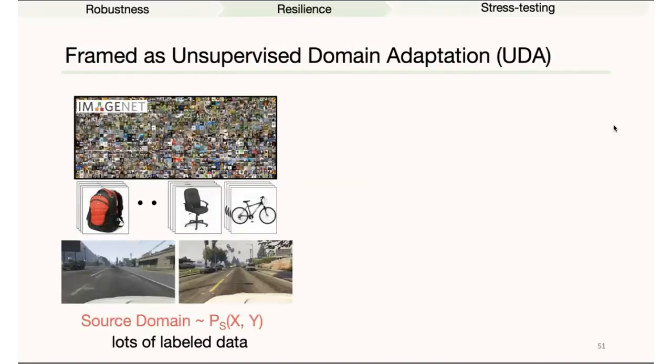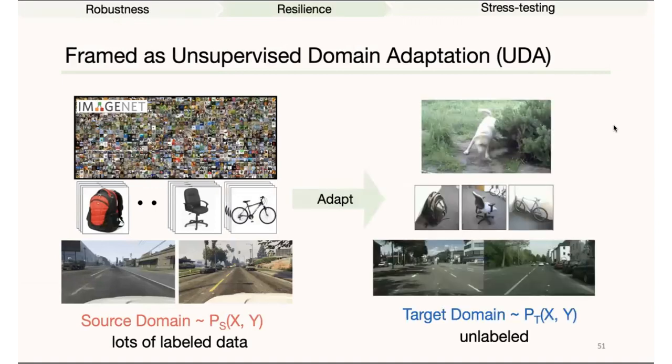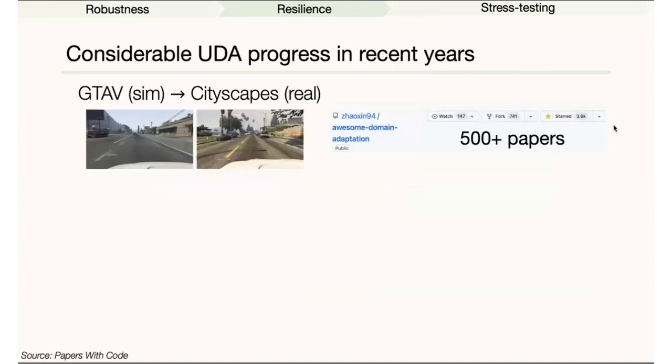This has been studied extensively as unsupervised domain adaptation, where you assume you have a large labeled source data set and you want to adapt it to an unlabeled target data set. There's been a lot of work in this space, over 500 papers that this repo has tracked.